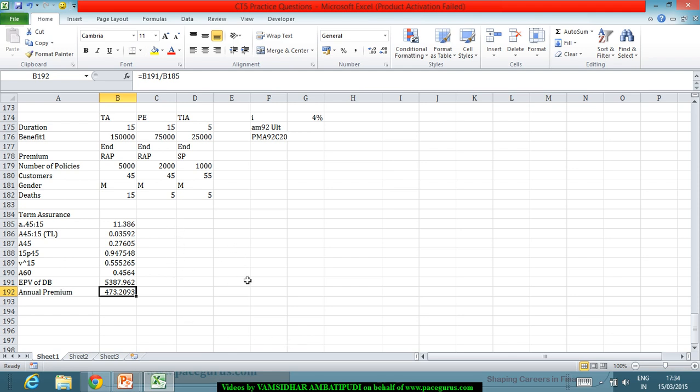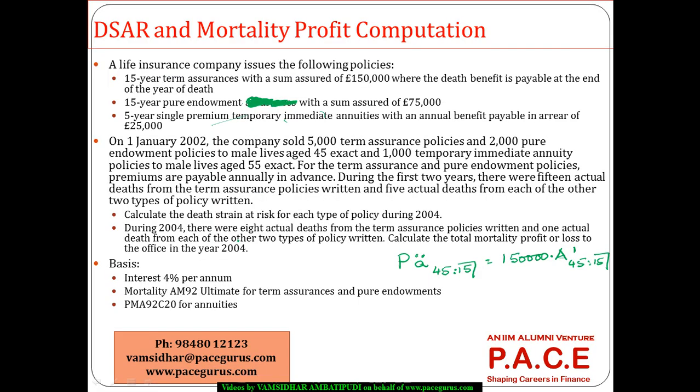The same logic I can now go with respect to the pure endowment. In case of pure endowment, we know the premium computation is comfortably simple.